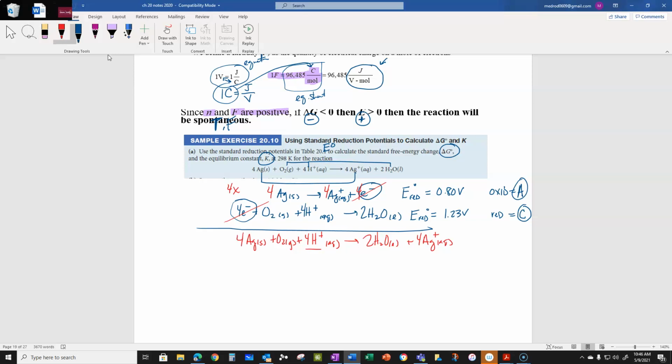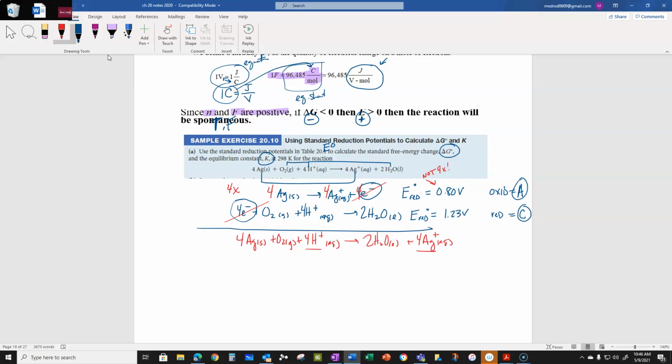I got 4 H+ here, I got 4 Ag+ over there, and everybody else is neutral, okay? But just because I multiplied the half cell by 4, we do not multiply E by 4, okay? It doesn't matter what you do to this half cell, that E cell will always still measure that value.